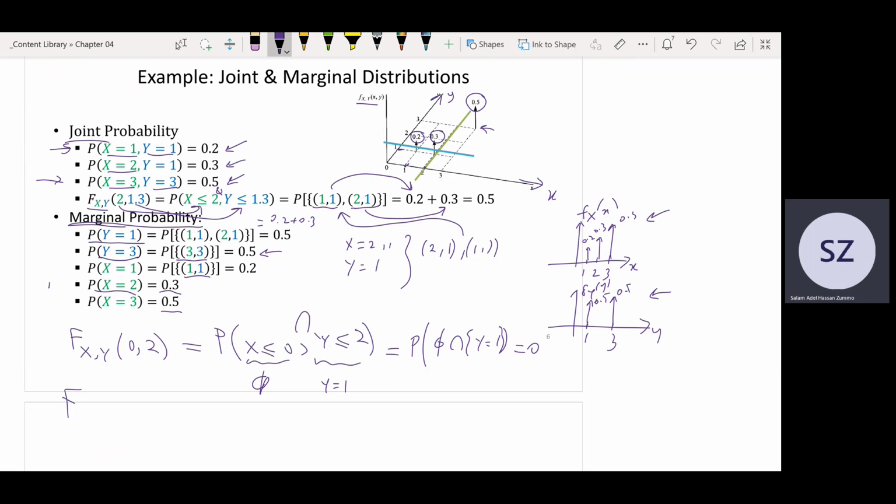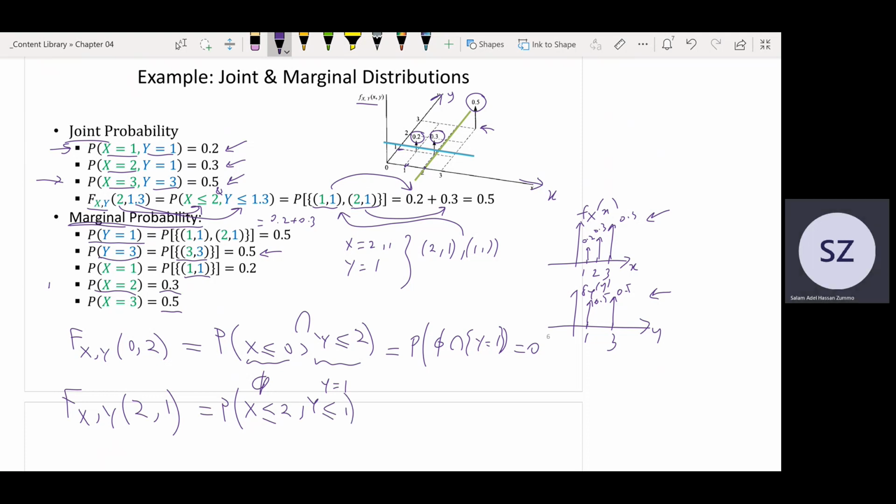Another example, quick. F of X and Y evaluated at 2 and 1. Again, go to the probability, the definition, and then find the corresponding event, and then find the probability. This is the probability that x is less than or equal to 2 and y less than or equal to 1, right?